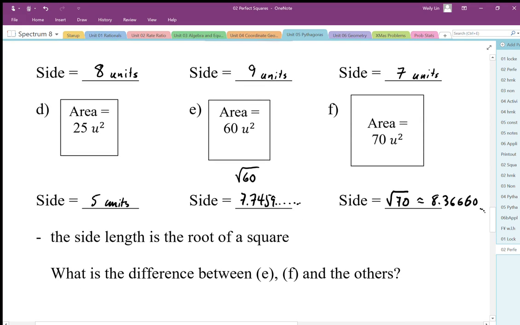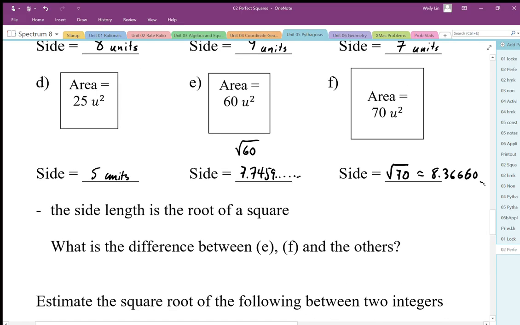Okay, so what's the difference between E and F and the others? Well, the E and F questions, okay, they are not rational numbers, meaning that they have non-terminating, non-repeating decimals.